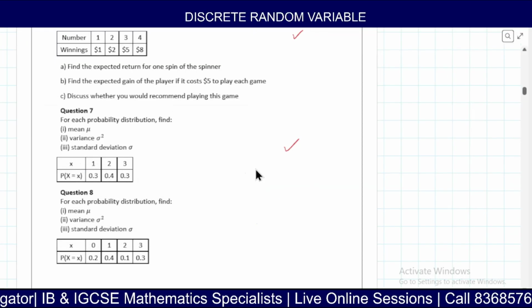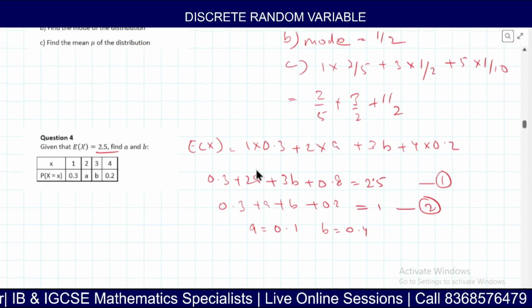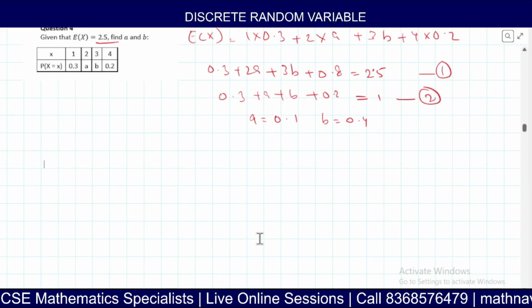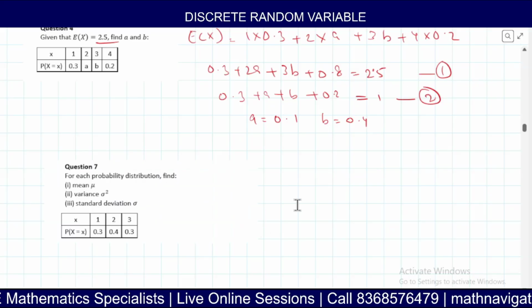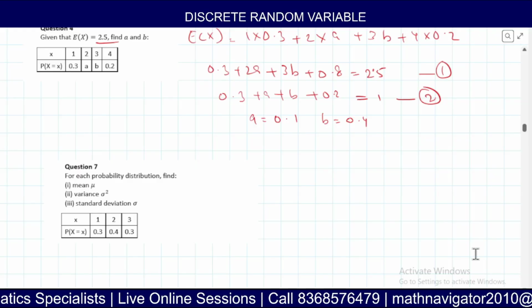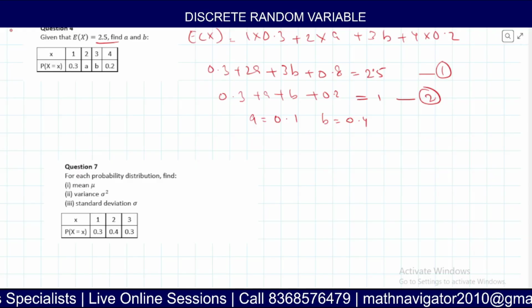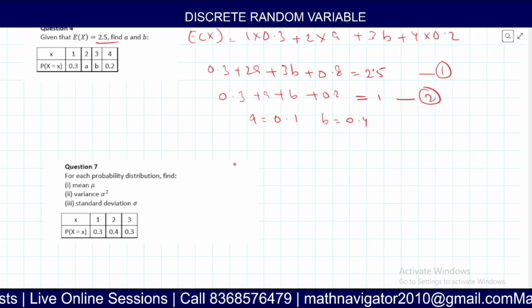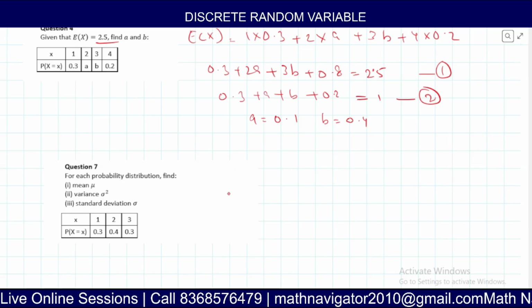So let's take this question and put it here. So now they are asking me to find mean, variance and standard deviation. As I have told you, I have two ways to find it. I'll write the formula but calculate it on the calculator so that we can do both.